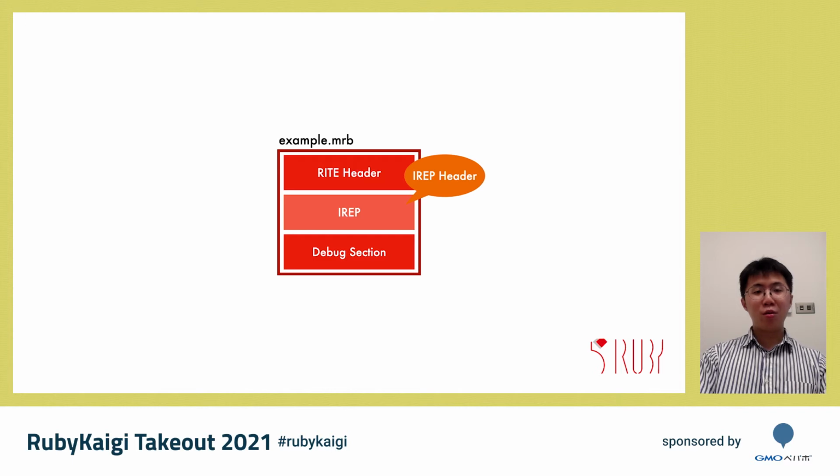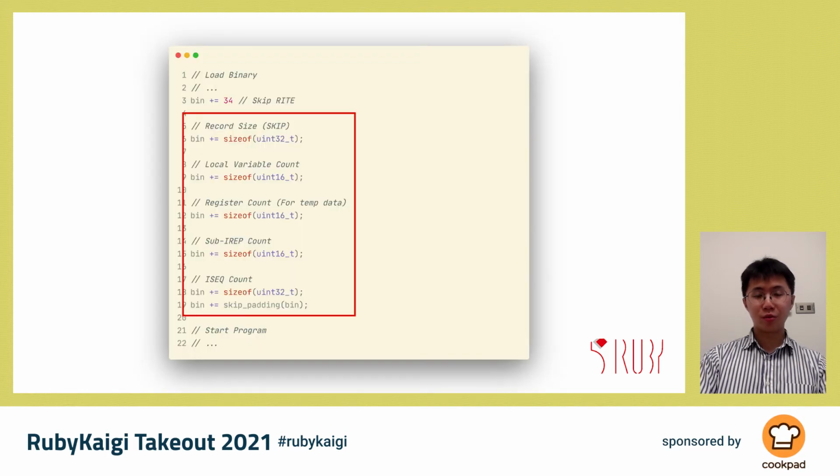And the next part is the IR. The IR provides the information about the OP code and some data about the local variables or the data inside your program.